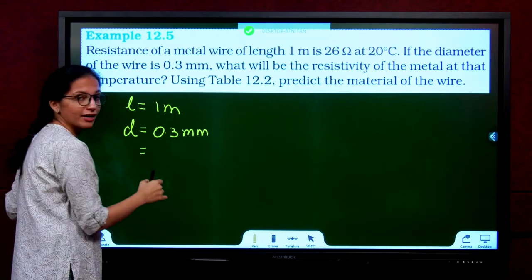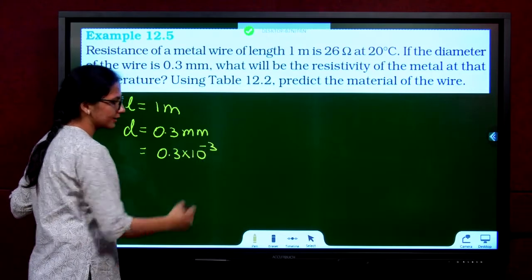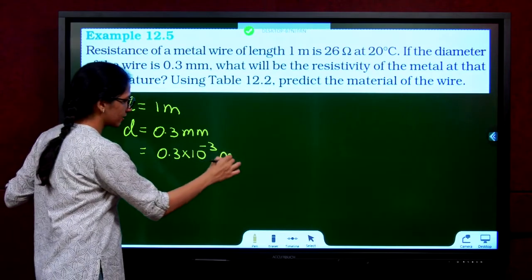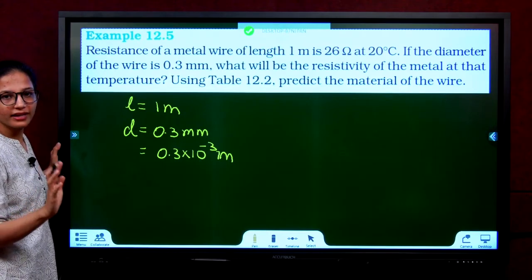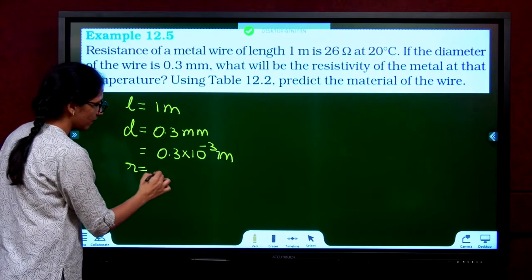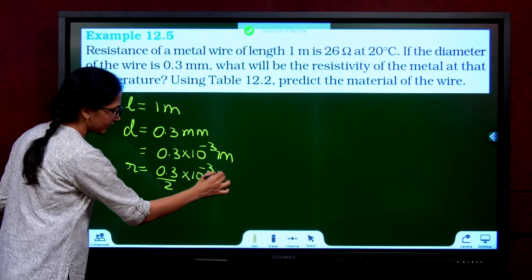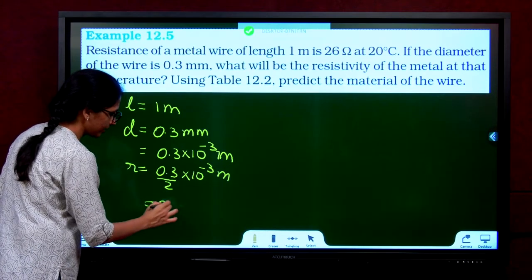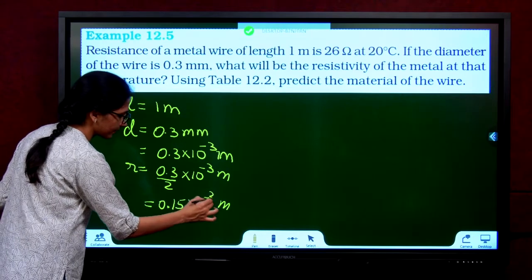So that is nothing but divide by 1000, or you can say 0.3 into 10 power minus 3 meters. Why have they given this diameter? From diameter you can find area. Agreed? First you find radius. What is radius? 0.3 by 2 into 10 power minus 3 meters, or 0.15 into 10 power minus 3 meters.